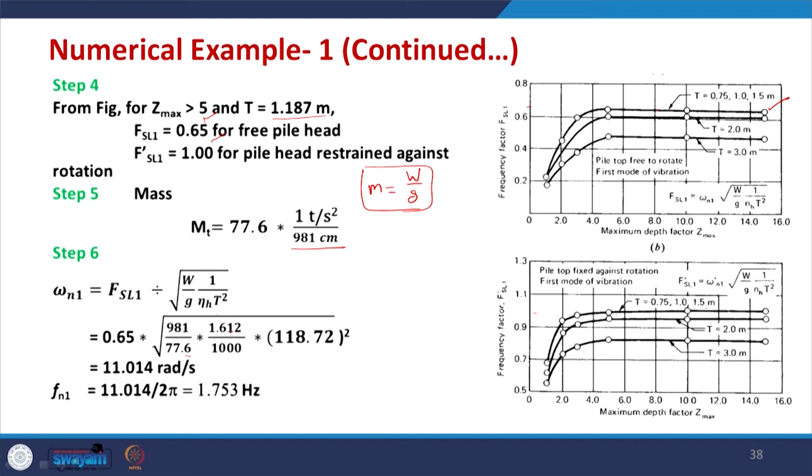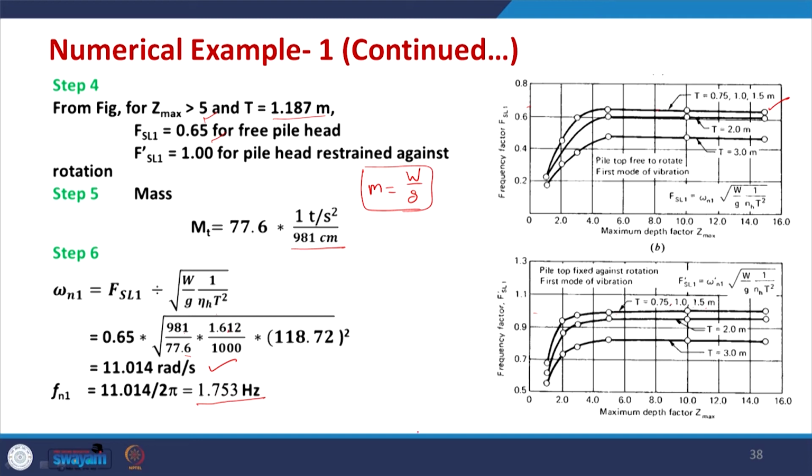So this is 1.612 G, and this is eta H. Putting all these numbers, you get the first natural frequency as 11.014 radian per second, and dividing omega n by 2 pi, you get 1.753 hertz.